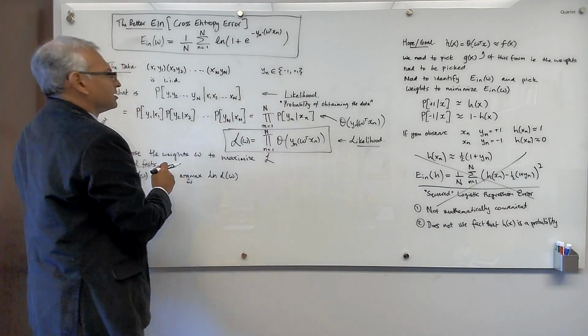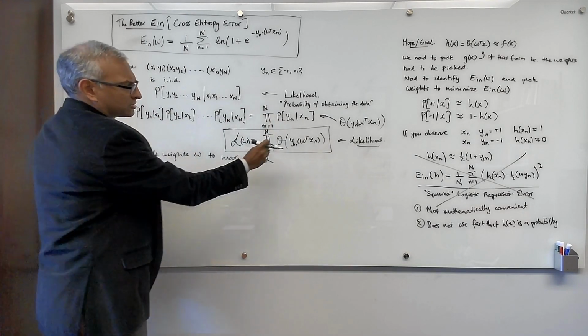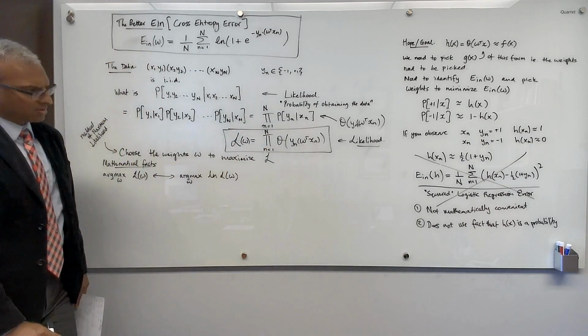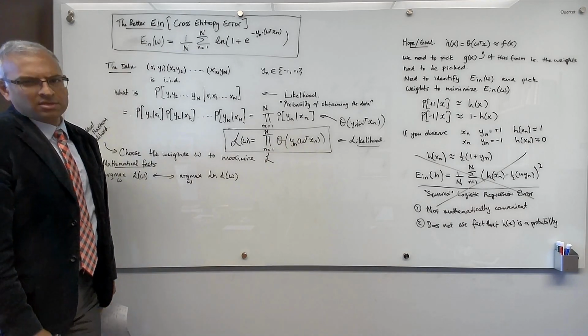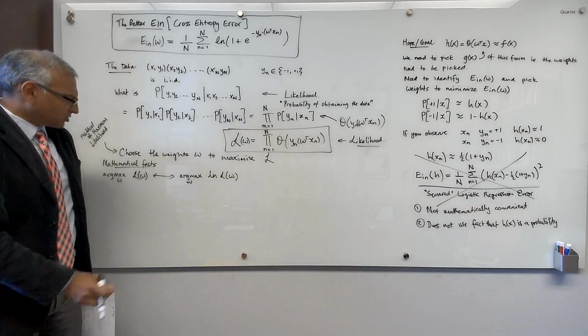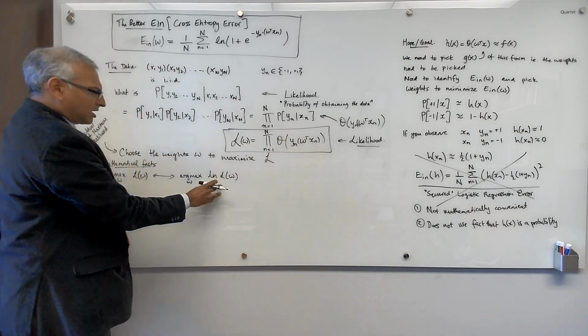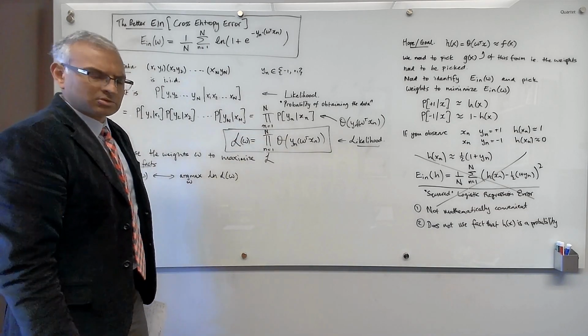And it is the case that our function L is positive because our theta is a positive value. So it's a product of numbers between 0 and 1, and that product can be small, but it's positive. So we can take the logarithm of this and find the argmax, maximize with respect to W.